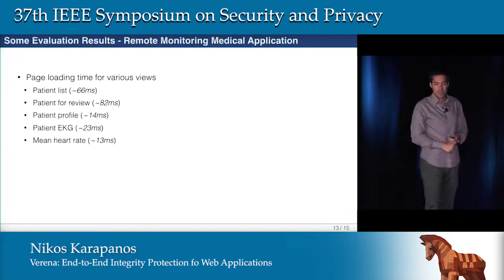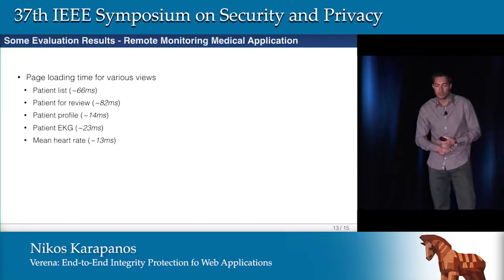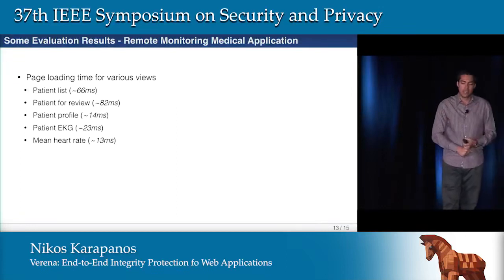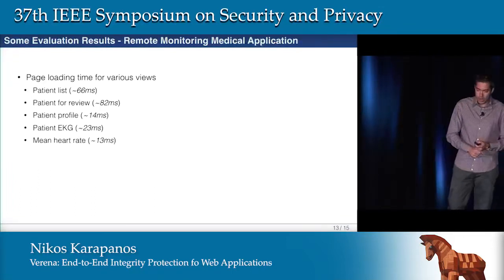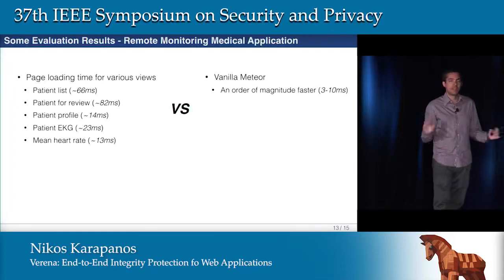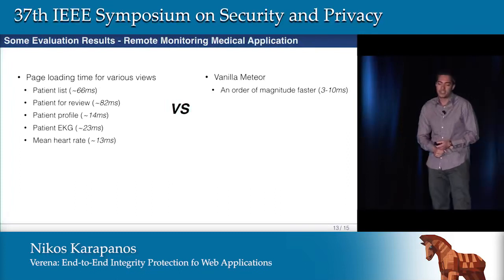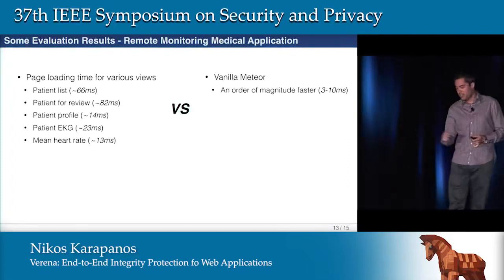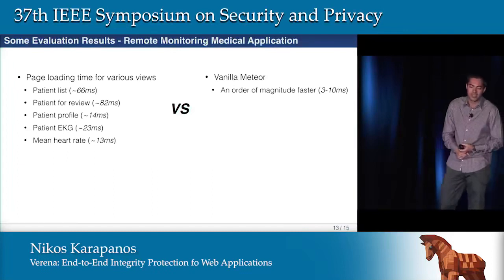And as you can see, for maybe the heaviest views, so the second view, for example, the total latency can be up to 82 milliseconds on average. Now, if we compare this to the vanilla Meteor implementation, meaning that Verena is not enabled, we can see that the vanilla version is an order of magnitude faster. As Christina said, there is no free lunch, so there is still some overhead.